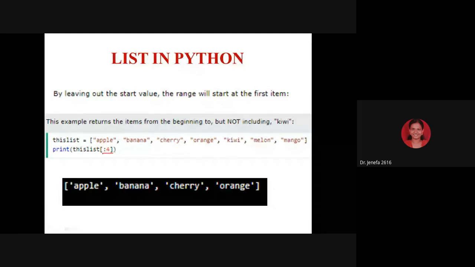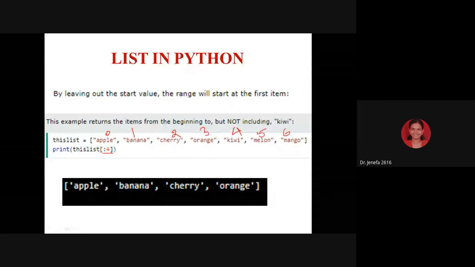If the initial value is not given, it will be printed from the first element, from the first index, that is 0. What's at the first index? That is apple, at index 0. And then moving on, 1, 2, 3, 4, 5, and 6.